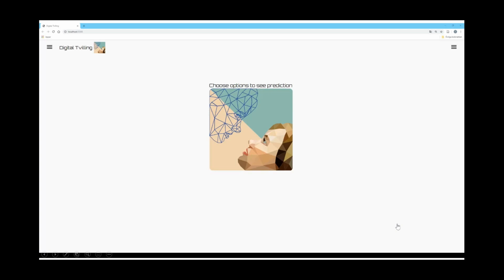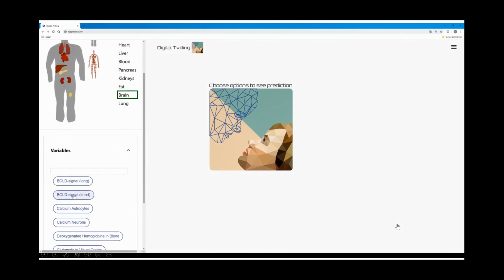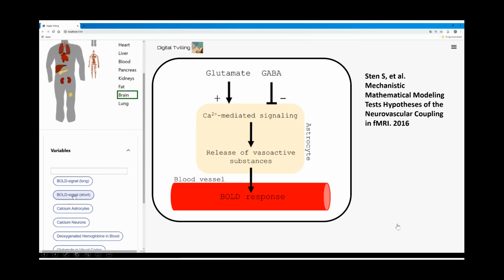Now this is the beta interface for how people can interact with the digital twin. It is quite preliminary, but this is what we can do at the moment. Up here you choose different organs, so you can, for instance, click on the brain.